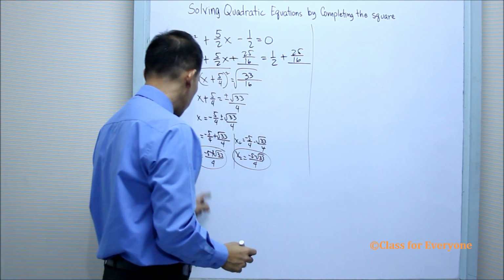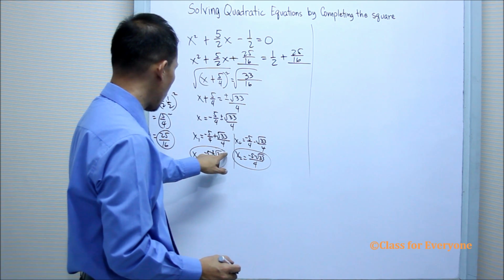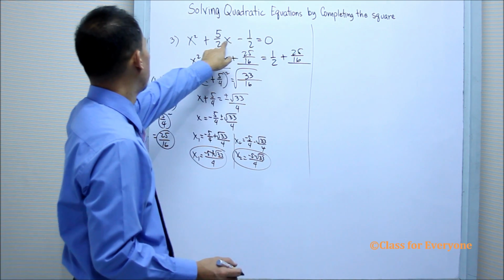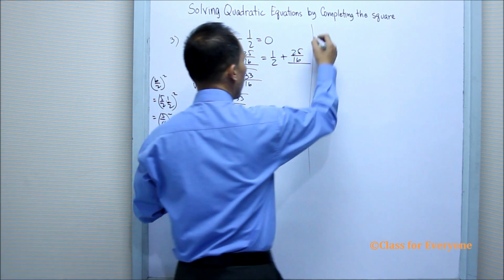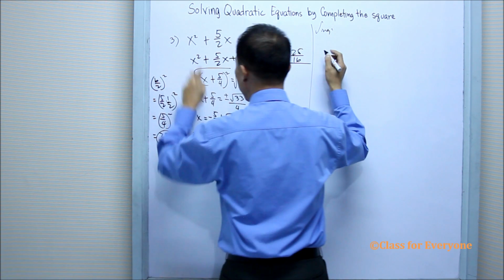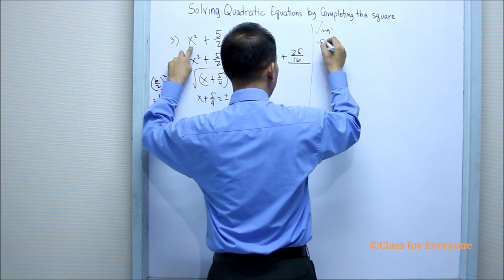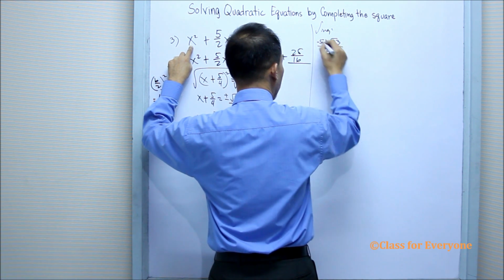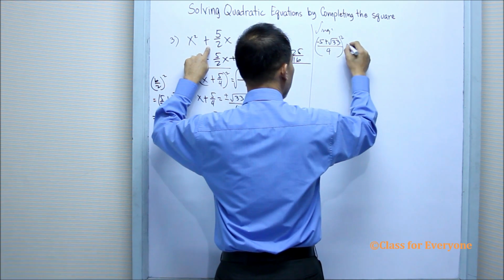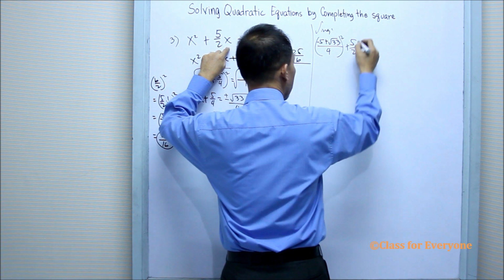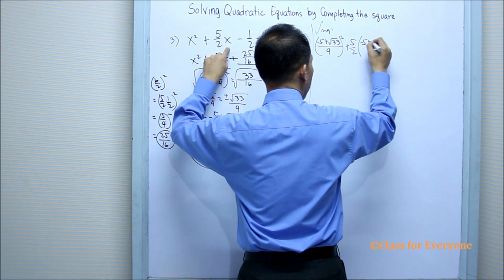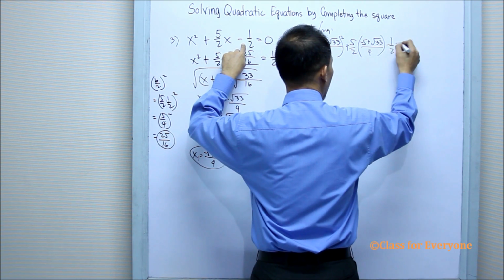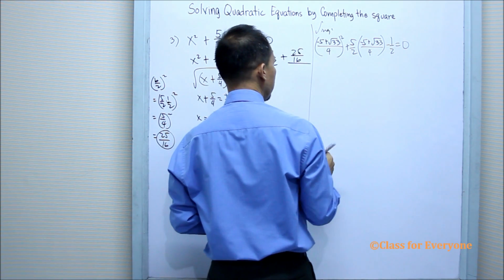Now, checking. The first root is negative 5 plus square root of 33 over 4. Substitute it into the value of x. So, it will now be negative 5 plus square root of 33 over 4, squared, plus 5/2 times negative 5 plus square root of 33 over 4, minus 1/2 equals 0.